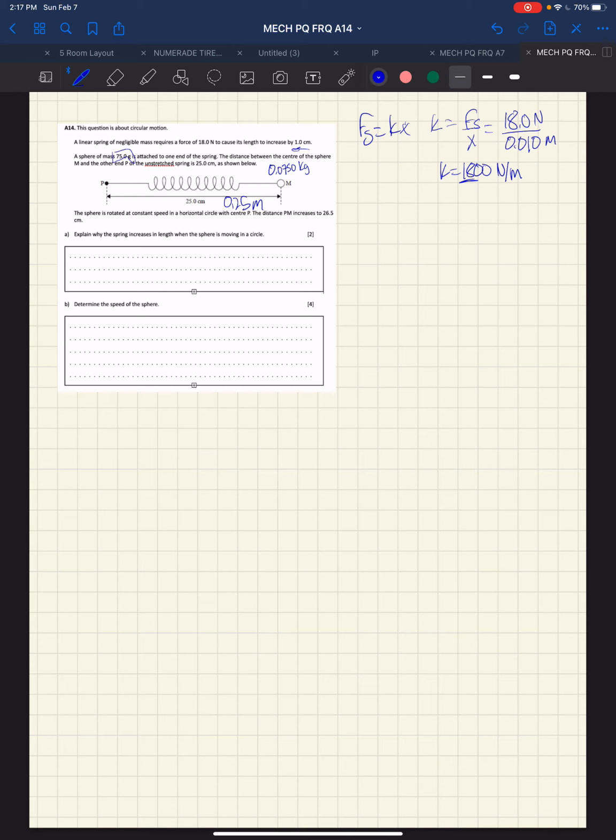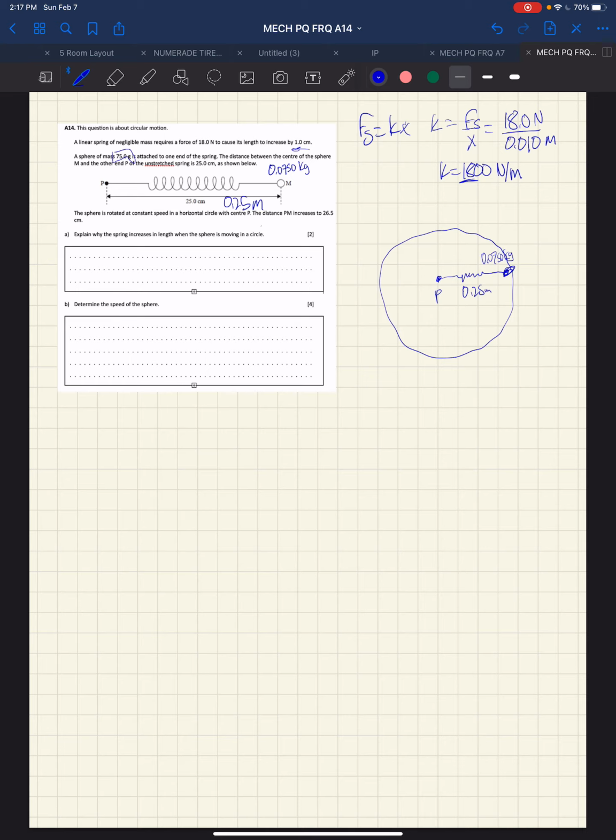The sphere is rotated at constant speed in a horizontal circle with the center P. So that means that we have a center P. There's the spring, and there's the mass, and it would travel in that orbit. And so that is 0.25 meters, and this is 0.0750 kilograms.